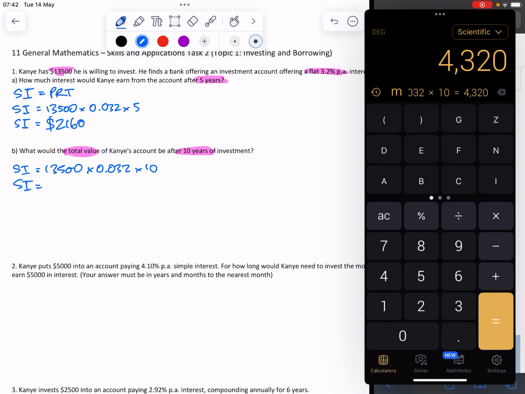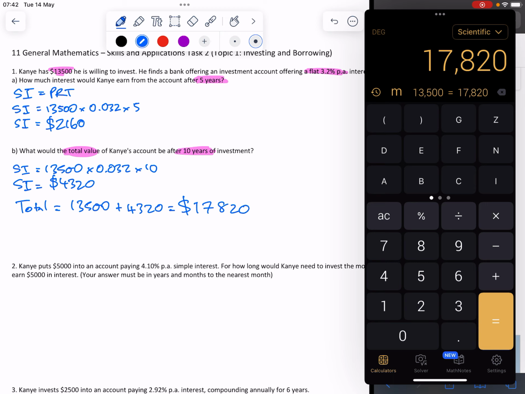But the total value is what the principal was, 13,500, plus the interest, 4320. That's going to be $17,820 total value after 10 years.